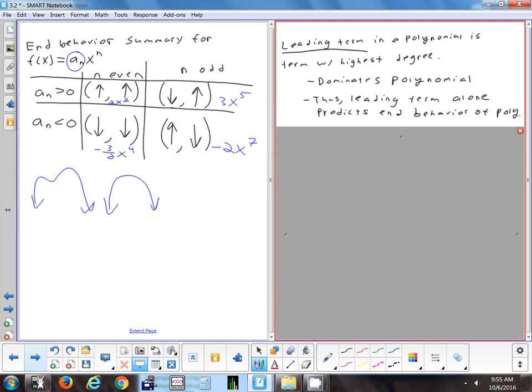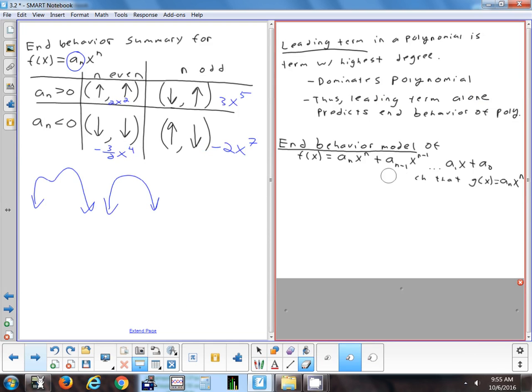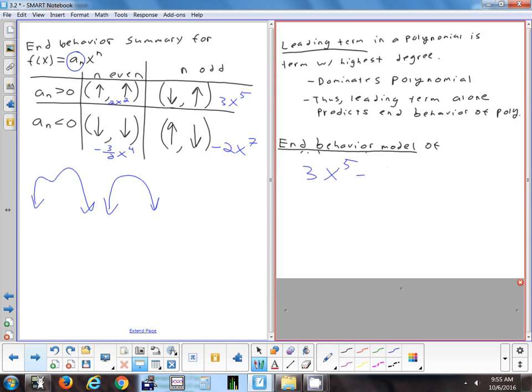Okay, so basically, when you want to know what a polynomial looks like, all you have to do is look at the term with the highest exponent. Okay, the leading term controls everything.